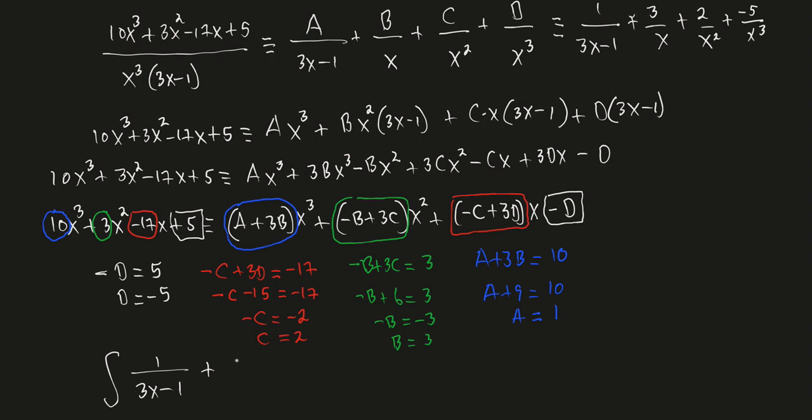And then we have plus 3 over x, that's another ln. And now to integrate the other two, these are no longer going to be ln because I have to interpret them as power functions. So this is 2 times x to the negative 2, and then minus 5 times x to the negative 3.